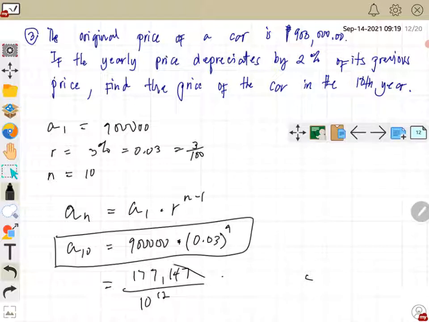So that is very small after 10 years. That's how the calculation works.